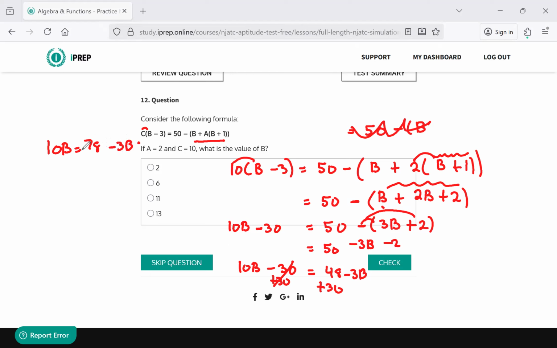And then get all the B's to one side. So add 3B, add 3B. So 10B plus 3B is 13B equals to 78. Divide this by 13. So B is 78 over 13 is 6.